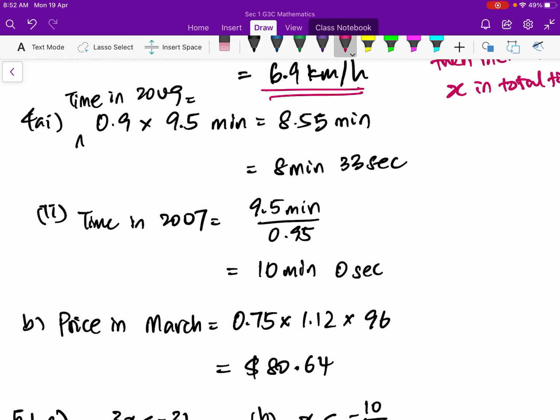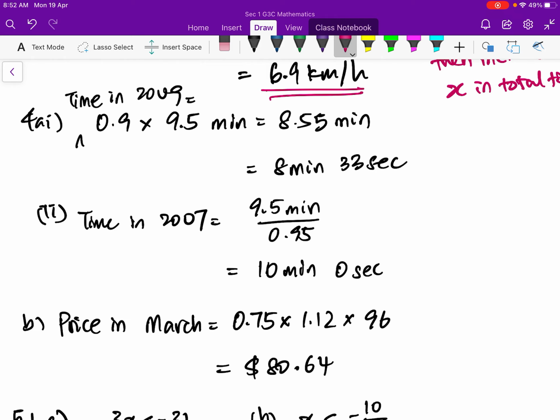Part 2. In 2008, his time of 9 minutes 30 seconds was 5% less than the best time in 2007. This implies that we are comparing with 2007. We are comparing with 2007 in part 2.